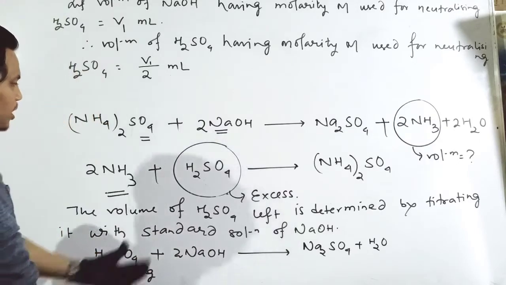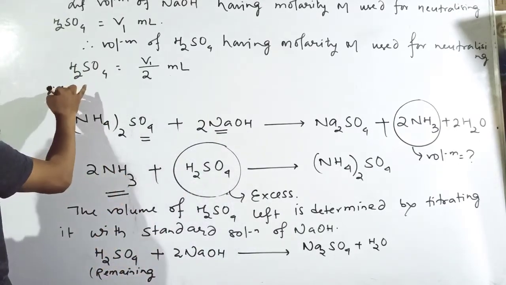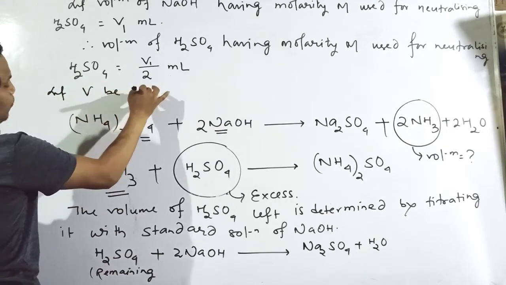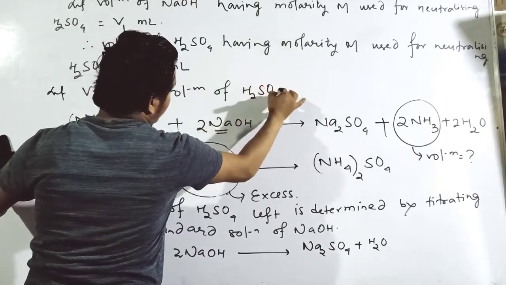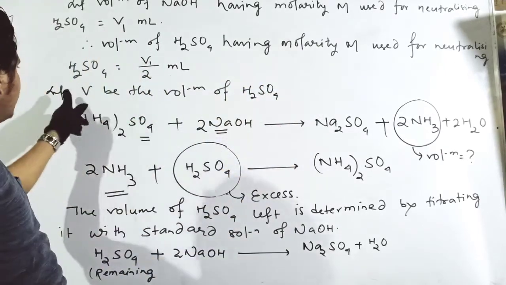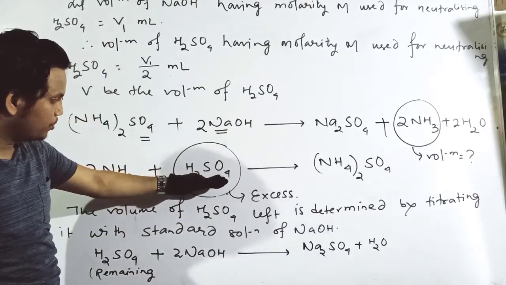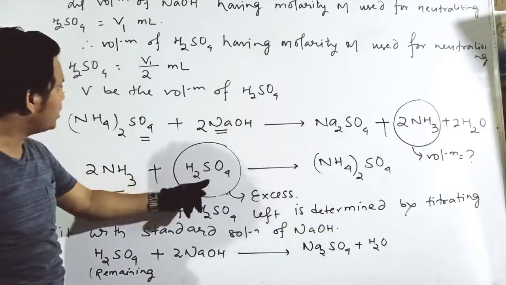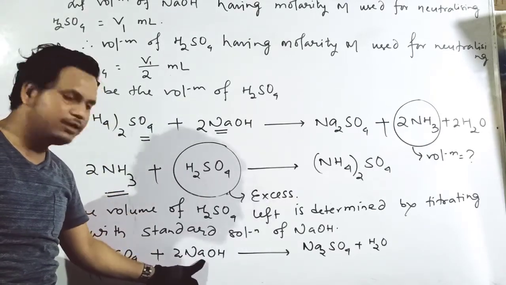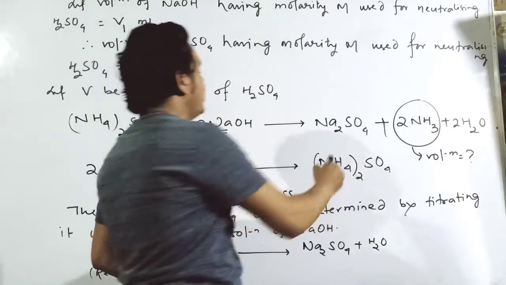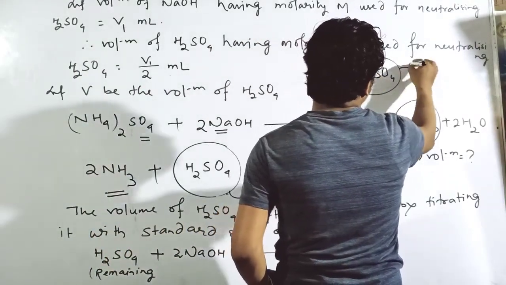Now, what is the total volume of sulfuric acid? Let V be the volume of sulfuric acid taken.